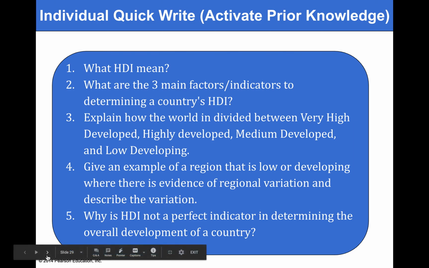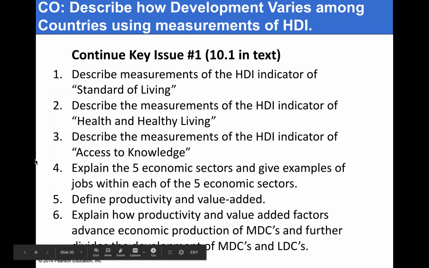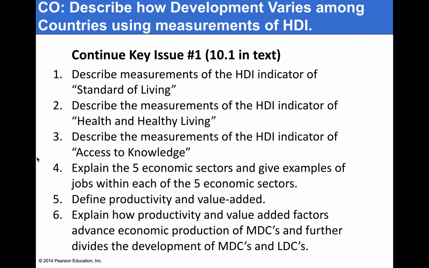We're going to go right into the next portion of notes, and this is a continuation of Key Issue 1 of Chapter 10. The I-CAN statements are: 1, describe measurements of the HDI indicator of standard of living. 2, describe the measurements of the HDI indicator of health and healthy living. 3, describe the measurements of the HDI indicator of access to knowledge. 4, explain the 5 economic sectors and give examples of jobs found within each of those 5 economic sectors. 5, define productivity and value added.